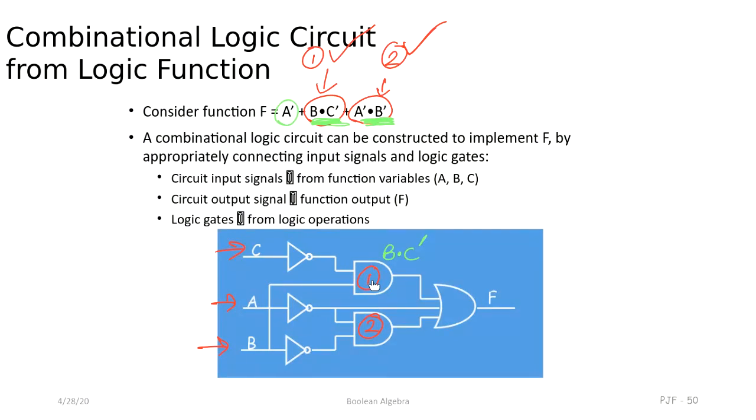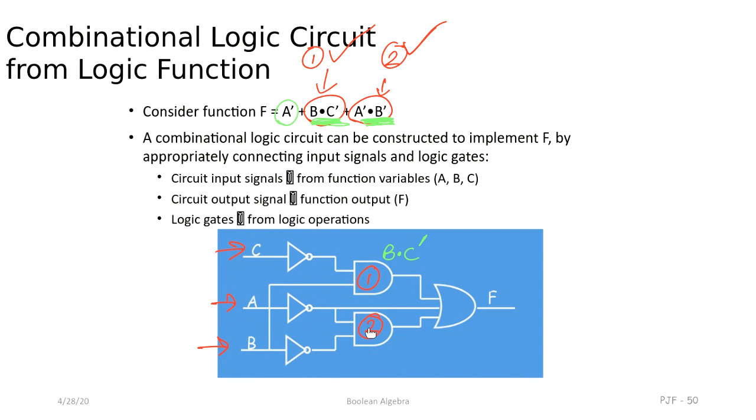This is the output of AND gate 1. Why? Because you see B is coming from here and B is going into this AND gate, and C inverse is coming from here. These are the two inputs this AND gate is handling, and this AND gate is doing nothing but simply multiplying them. So B dot C inverse is the output of this AND gate. So we can write it at the output.